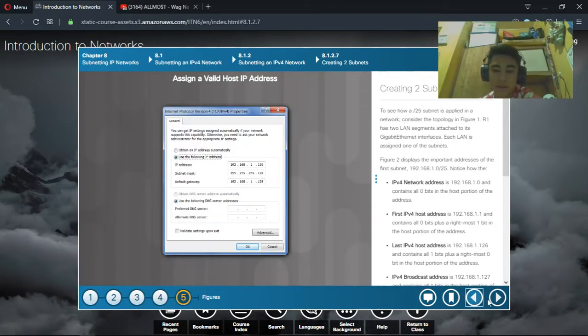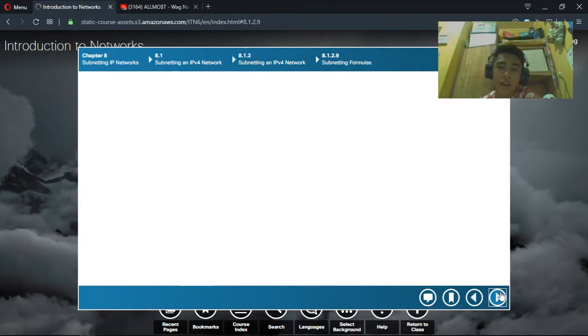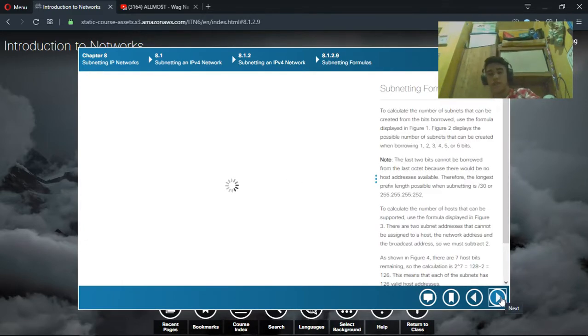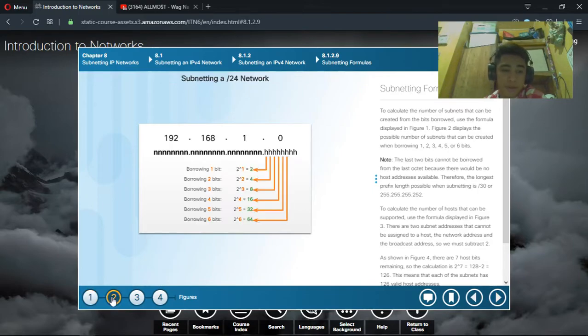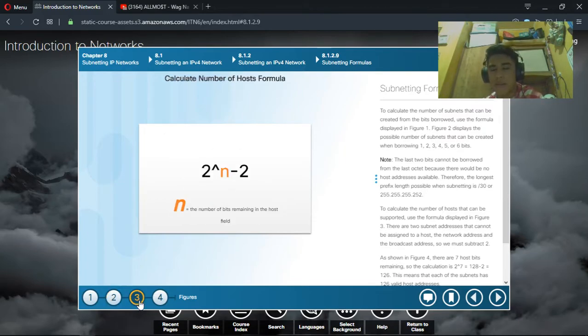Reset. Then let's continue with subnetting formulas. The subnetting formula is 2 raised to n, where n equals the borrowed bits. I think I've already done that earlier.